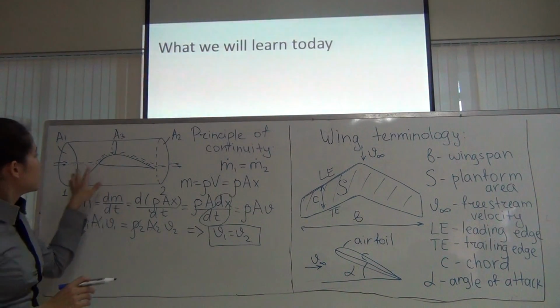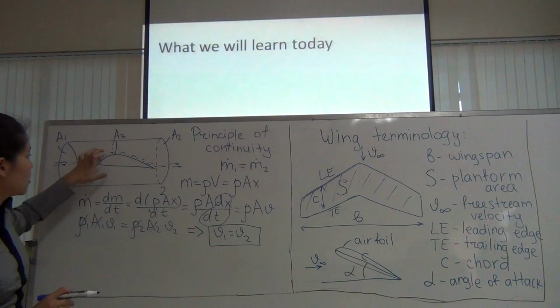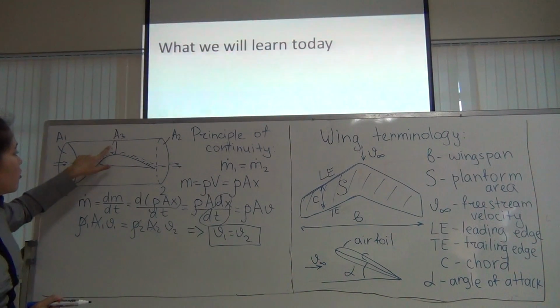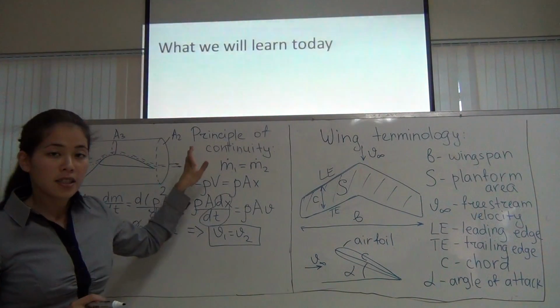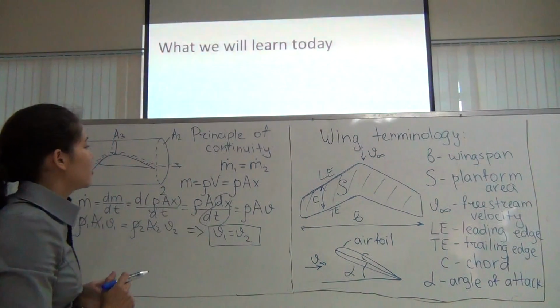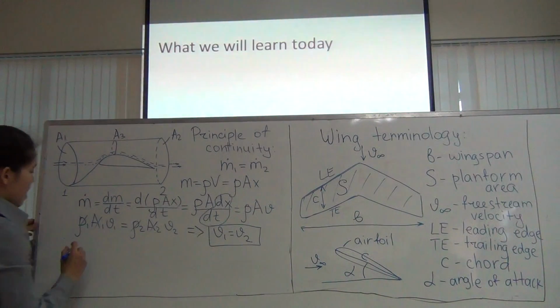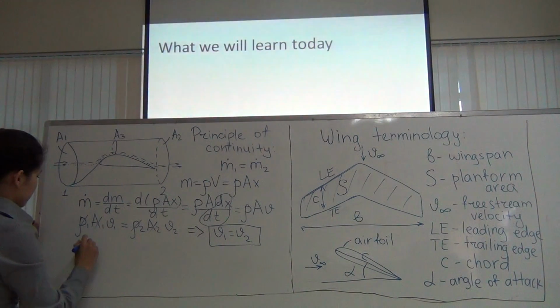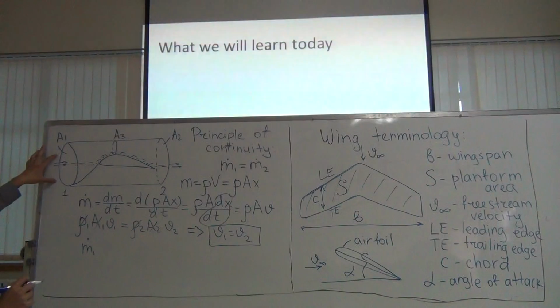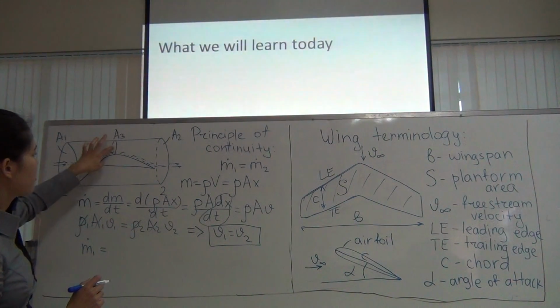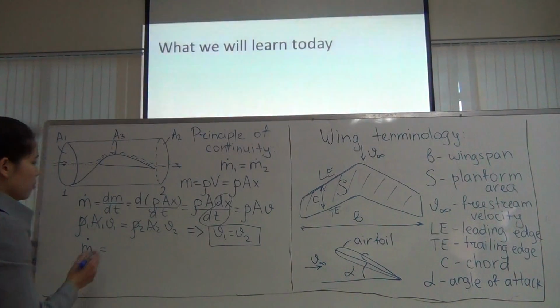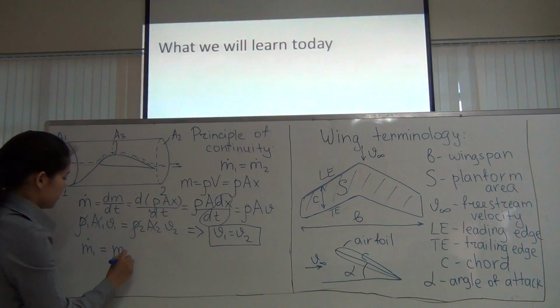So the same mass should still go through here, through this part, which is A3. But the principle of continuity still applies. So we can say that M1 dot, whatever enters in the wind tunnel, should be equal to whatever is passing through this point here, which is equal to M3 dot.